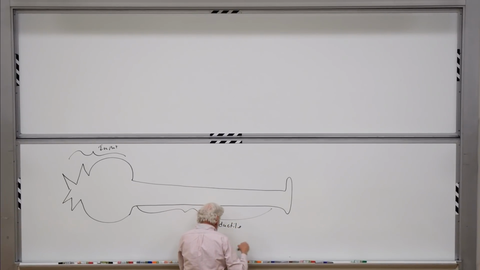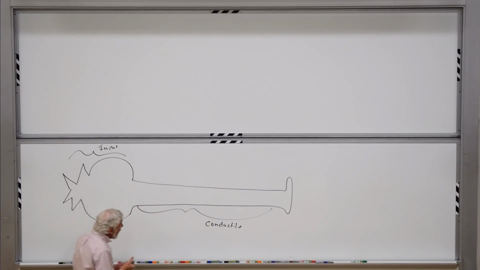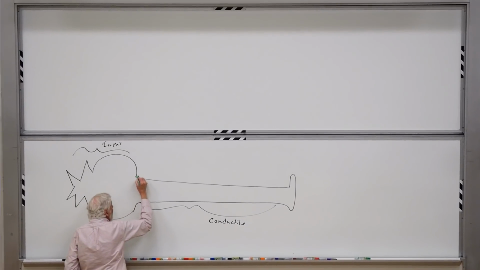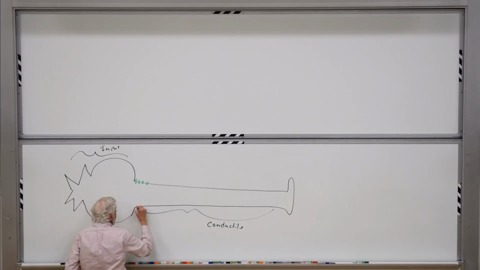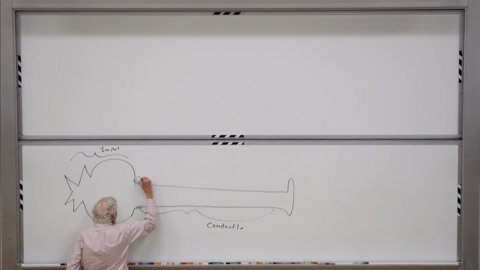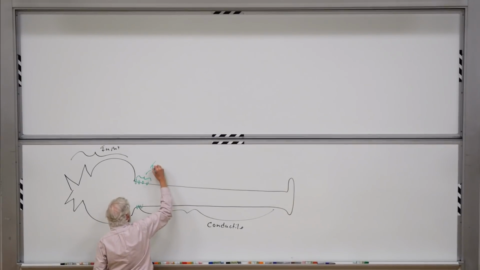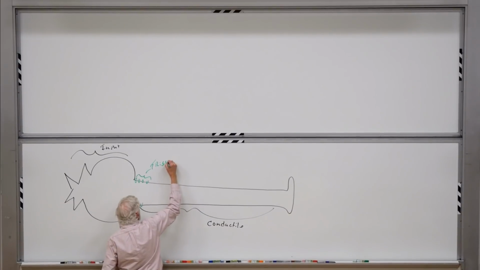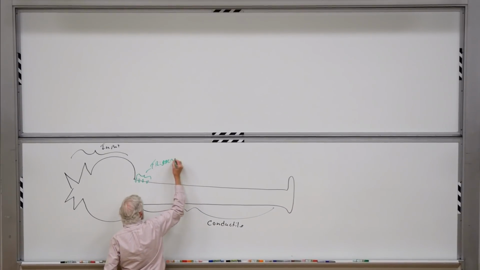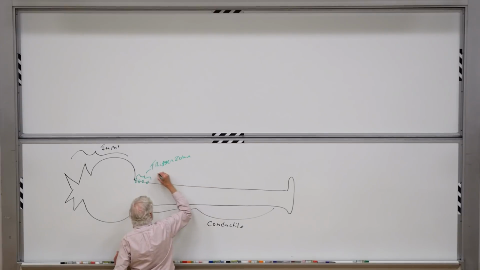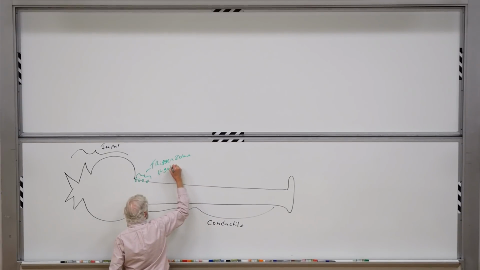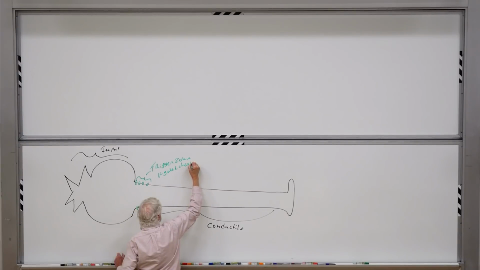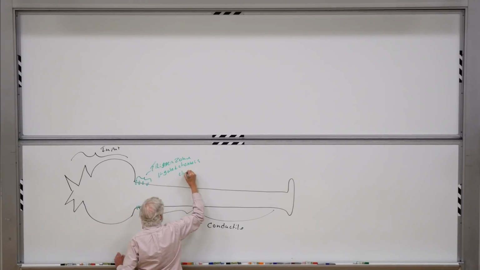And the ideas that we introduced over the last couple of discussions, where we had here this region called the trigger zone, that at the trigger zone we had voltage-gated channels clustered.